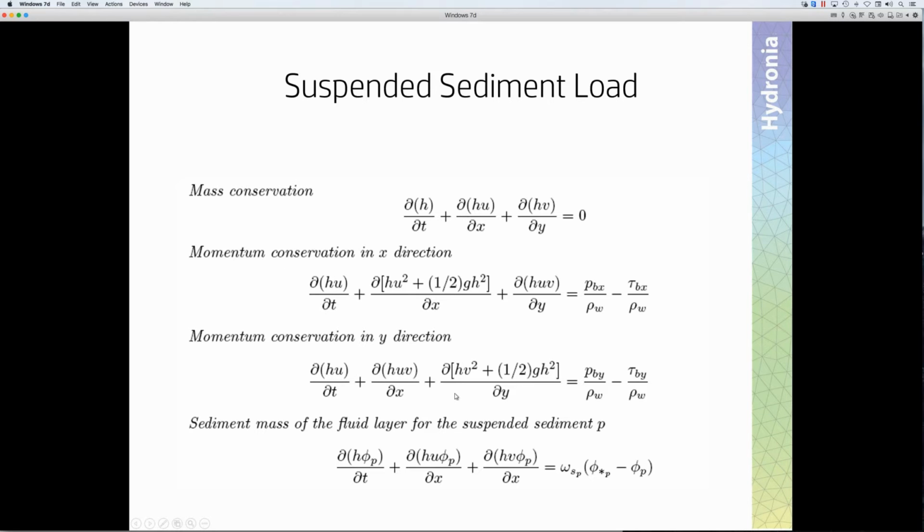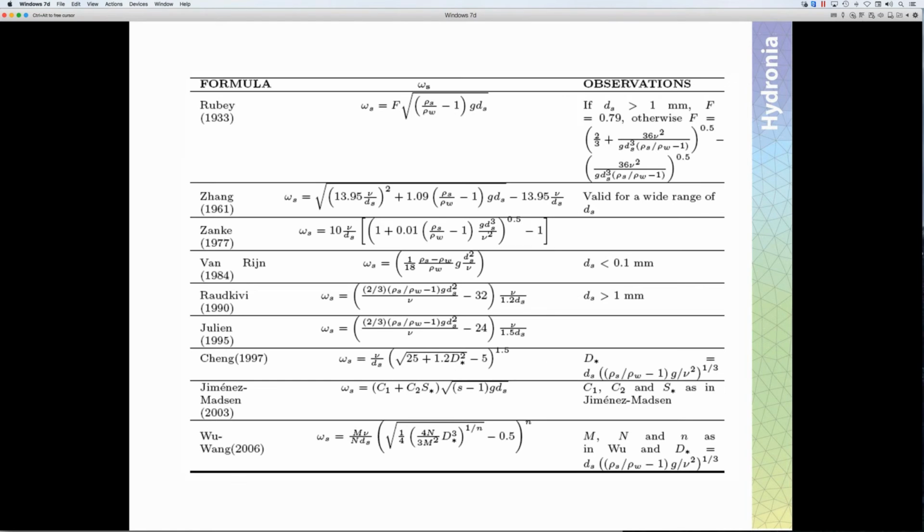In the case of suspended sediment load, we have the same hydrodynamic equations, but the sediment mass conservation equation is based on the advection equation for each concentration for each fraction. So you compute the concentration for each fraction in time and space.